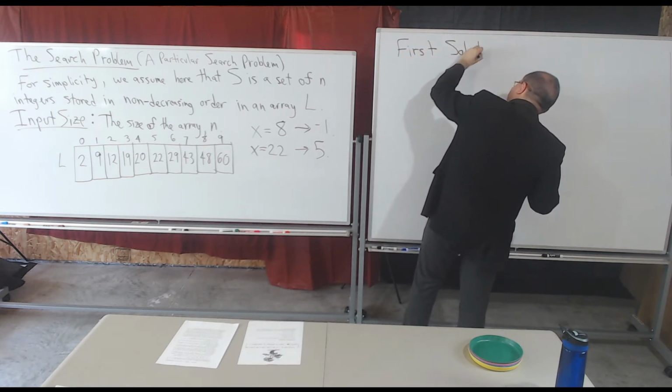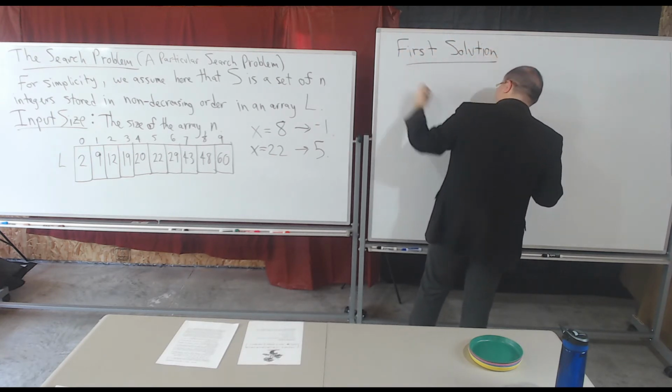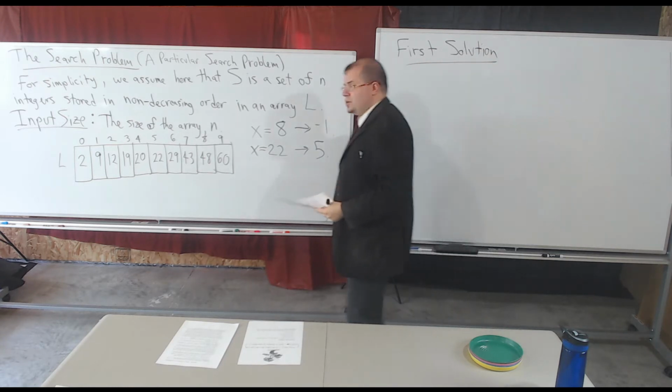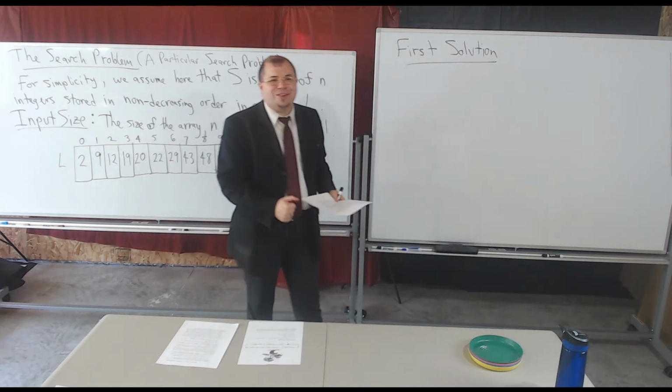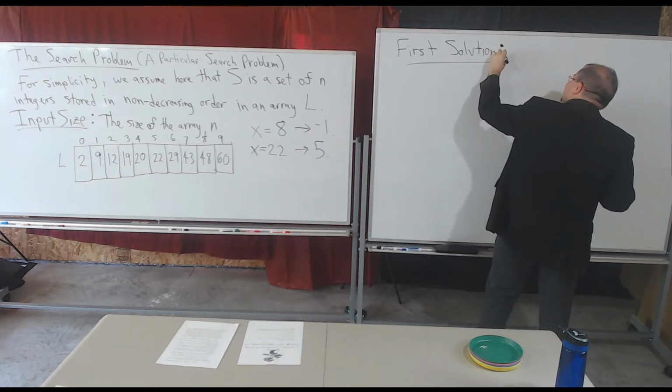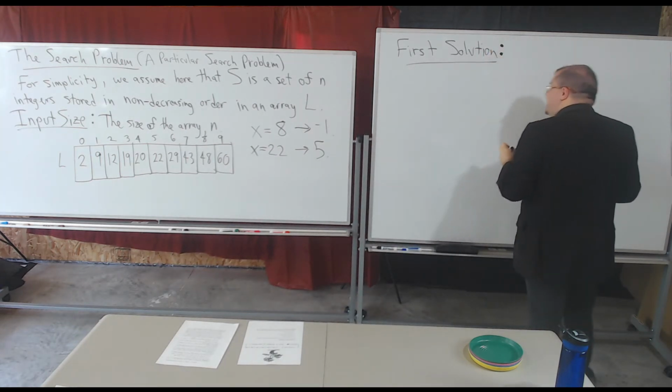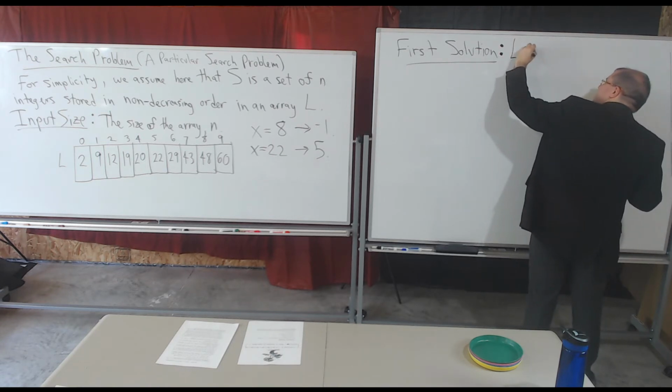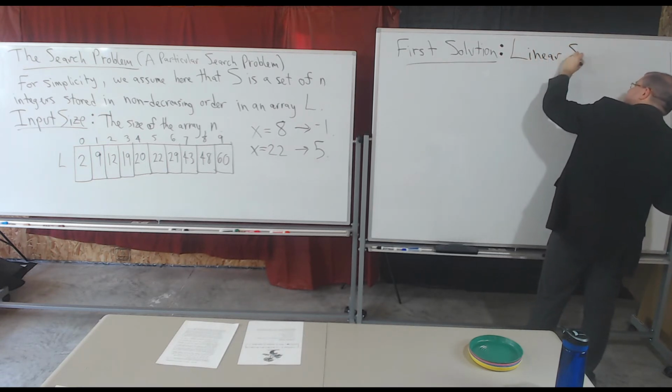What's the first solution you could think of for doing this? Well, you probably have encountered this in a previous course. The first, most naive thing you can possibly do that will work here is linear search. So, linear search, right?